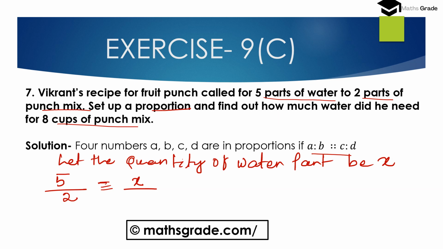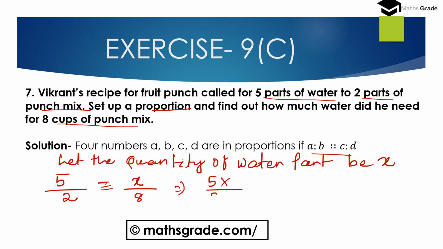x is to 8 cups of punch mix, so x divided by 8. Now we have to convert this 5 divided by 2 to an equivalent ratio whose consequent is 8.